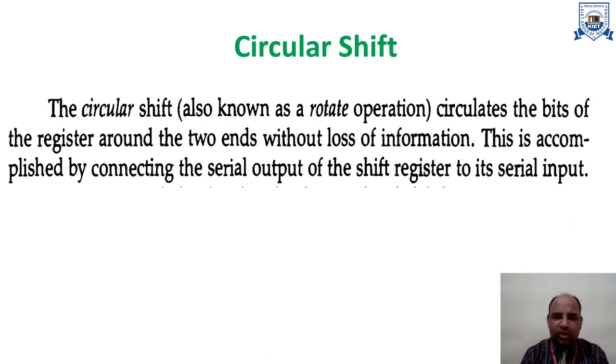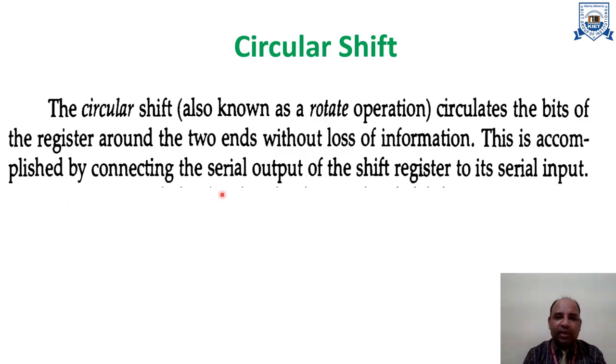Now the next one is the circular shift category. The circular shift, which is also known as the rotational shift or rotational operation, circulates the bits around the register, inside the register, without losing the information. Make sure the circular shift circulates the bits of the register around the two ends of the register, but ensures that there is no loss of information.